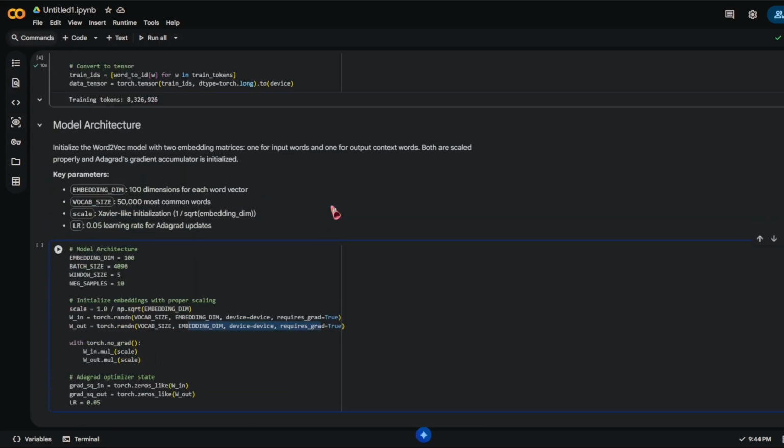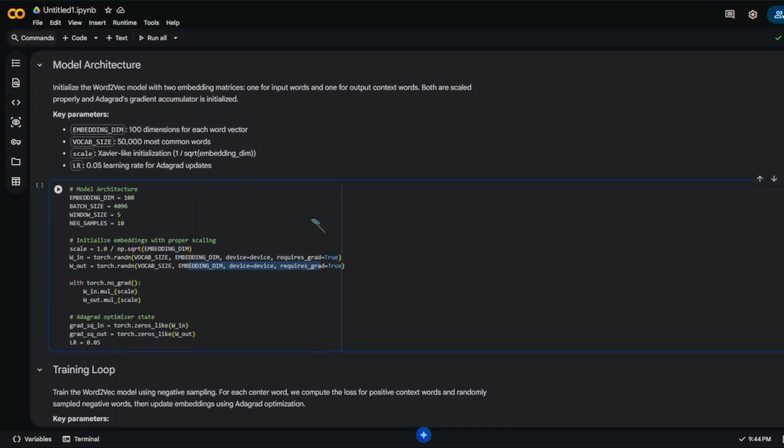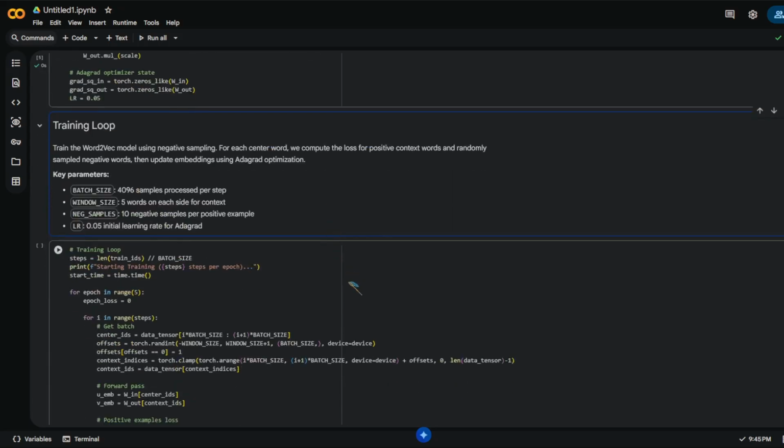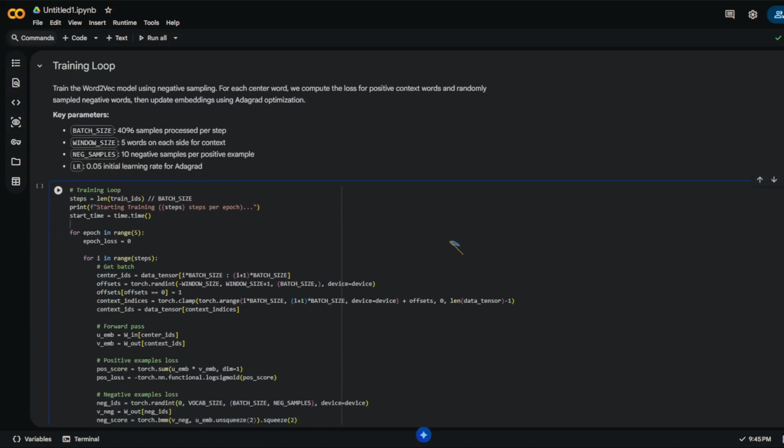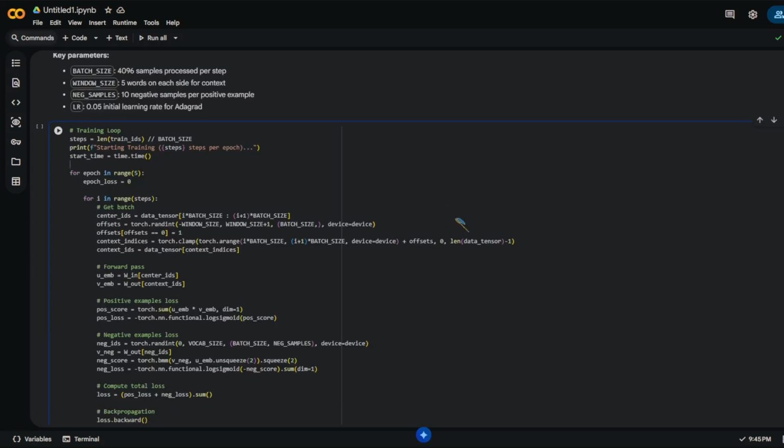Okay, now for the training loop. Let's run this before. For the training, this is the heart of the project. I'm using the skip-gram architecture, where we take a center word and try to predict the words around it. We've seen this in the theory part, and also in the math. There are two major optimizations I had to implement manually here. First, negative sampling.